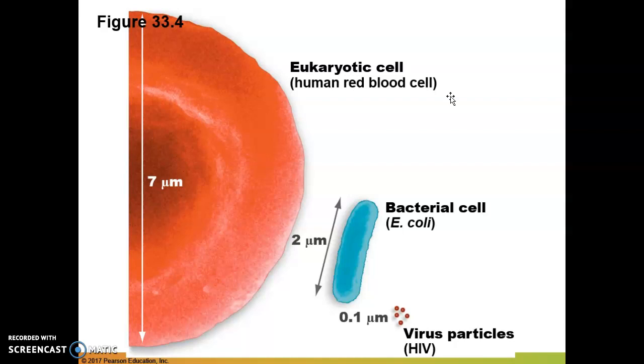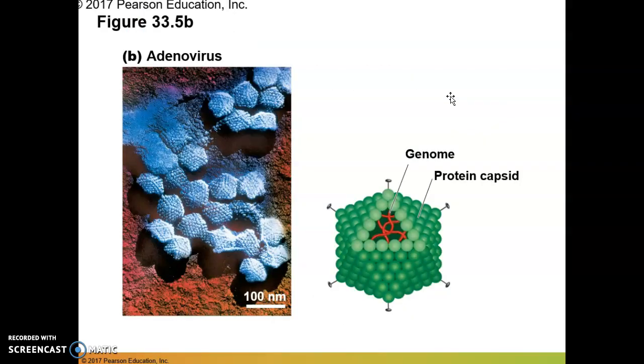Let's take a look at a few different virus types. This is an adenovirus, which can be the cause of a common cold. It's very simple. We have this coat on the outside that we call a protein capsid. There are different types of proteins that can make up the capsid.